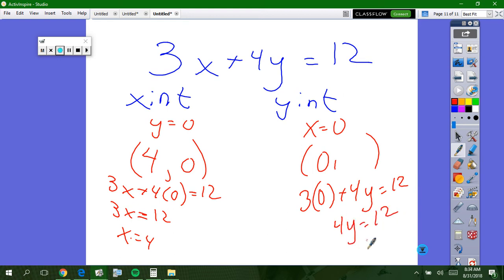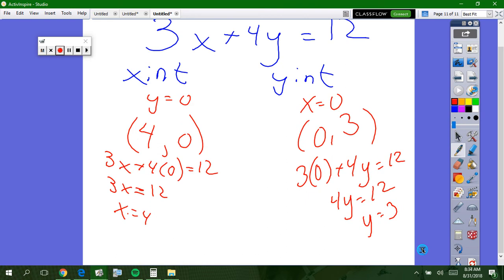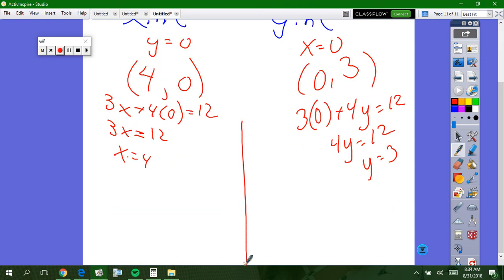So y is 3. Pretty good with that. Okay. Those are my x and y intercepts.